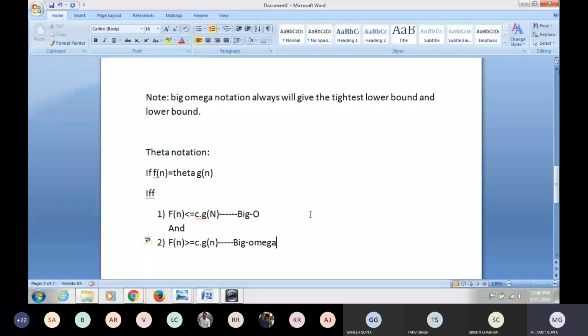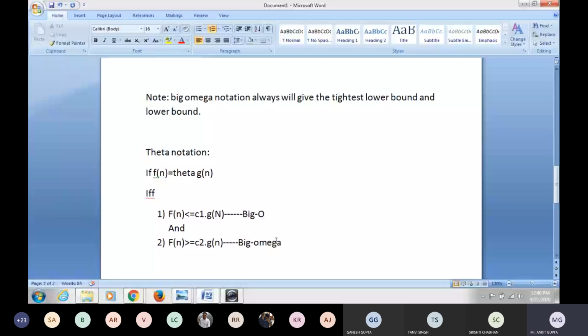If both conditions hold, in that case I will find two different positive constants, C1 and C2. I find C1 so that it satisfies big O, and for the other condition I find the value of C2, which is the big omega notation.